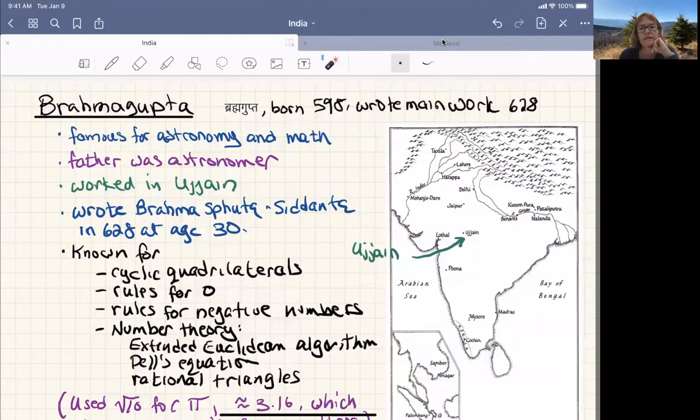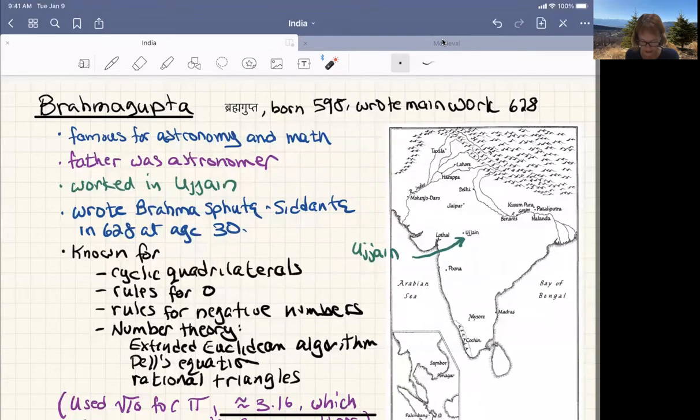And like Aryabhata, he was famous for both astronomy and math. So an awful lot of the mathematics in India was partly to support their astronomy. His father was also an astronomer.